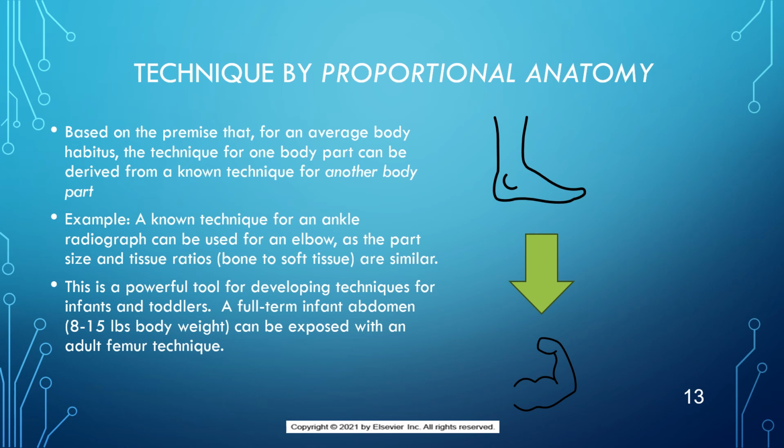Okay, so picture a 3-year-old, right? Tops out at about 35, 40 pounds. Yeah, we're well fed here in America. A 35, 40 pound patient, 3-year-old. You're about to do a wrist x-ray on this 3-year-old. Should you use an adult wrist technique, or should you use an adult finger technique?